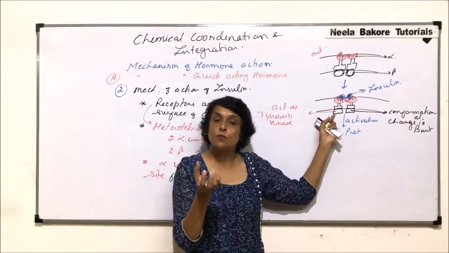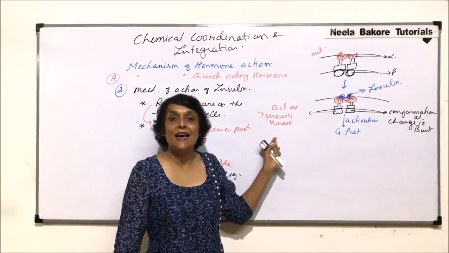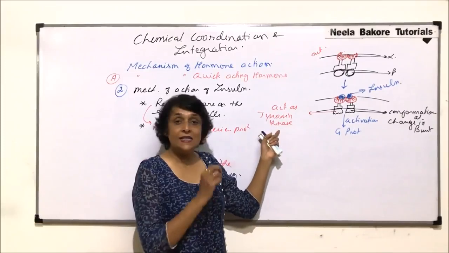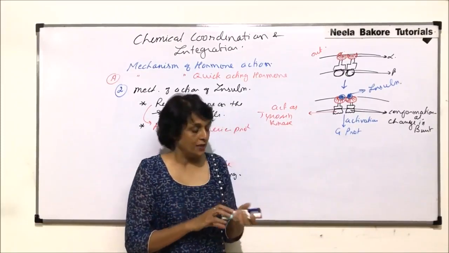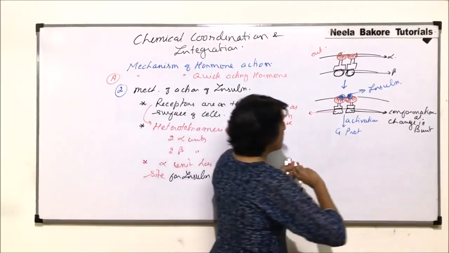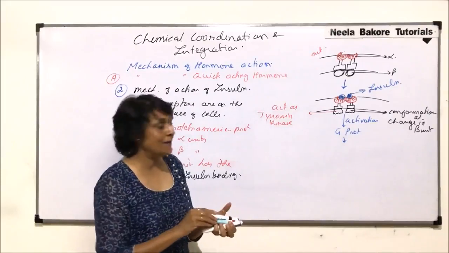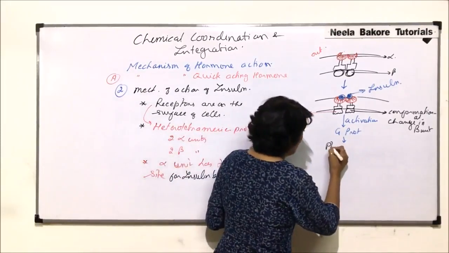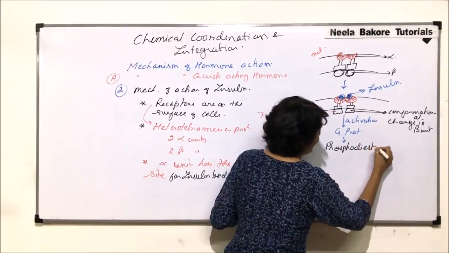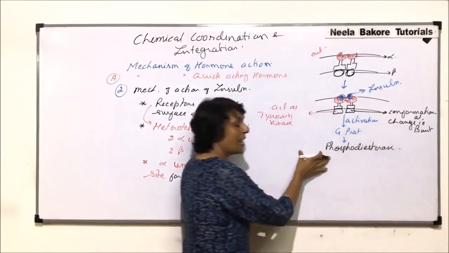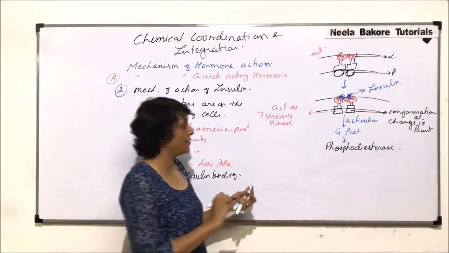That means the structure of this protein changes and it starts to act as tyrosine kinase. This tyrosine kinase activates a protein, that is G protein. Now G protein activates one more enzyme that is known as phosphodiesterase. So inactive phosphodiesterase changes into active phosphodiesterase.